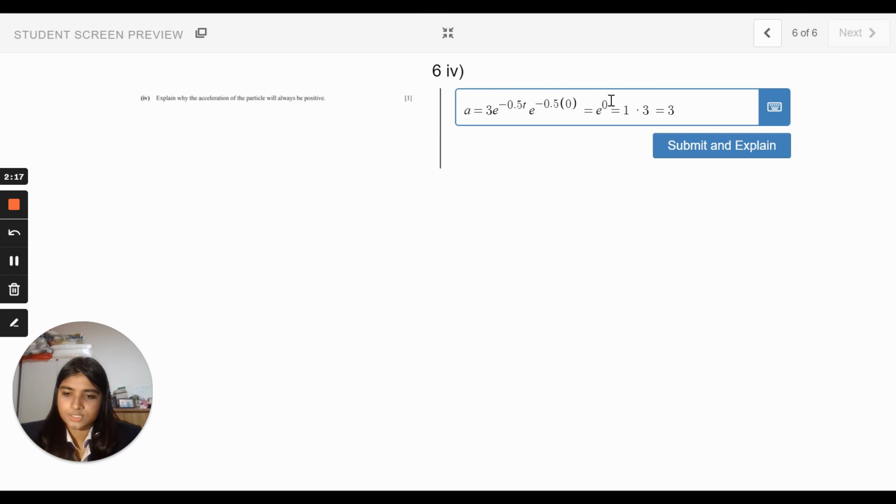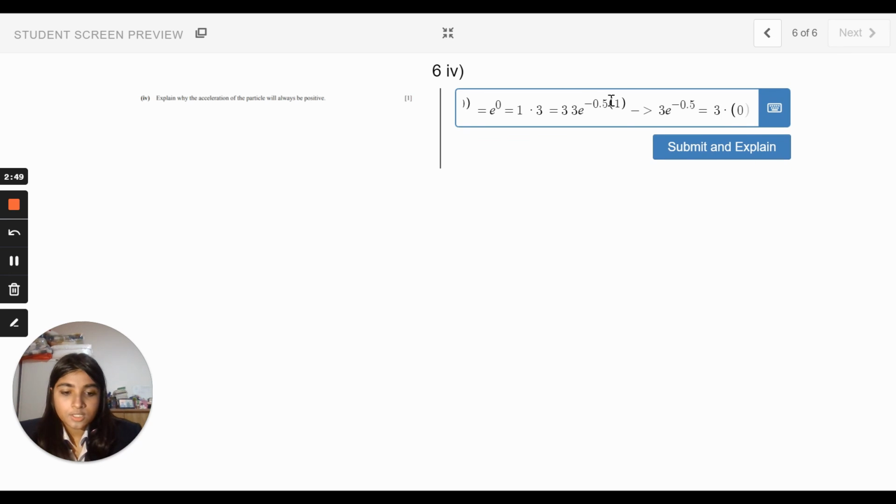Well, let's take a look. Let's say t is 1, so 3e to the power of negative 0.5. Upon doing a calculation, I found that e to the power of negative 0.5 is 0.606, which is positive. Therefore, 3 times this answer will be 1.82, and it can't have a negative answer.